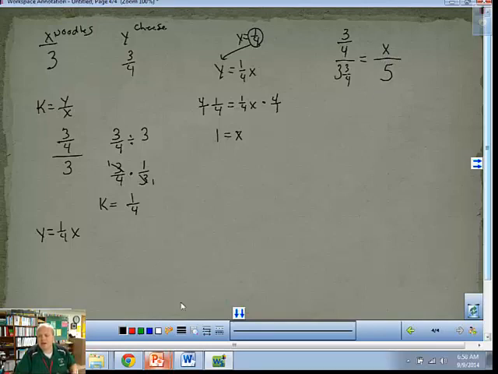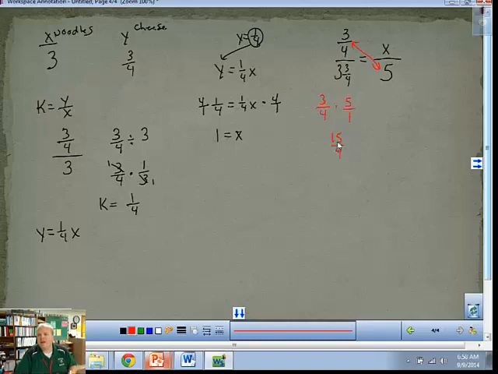So I'm going to come down here, I'm going to change my color to know which problem I'm working on, and I'm going to multiply the diagonal. This is where we come into cross multiplication. Okay, so I'm going to go 3/4 times 5/1. Okay, look at my diagonals, can't do anything. So I have 15/4.